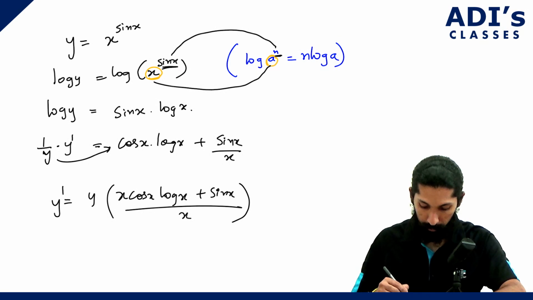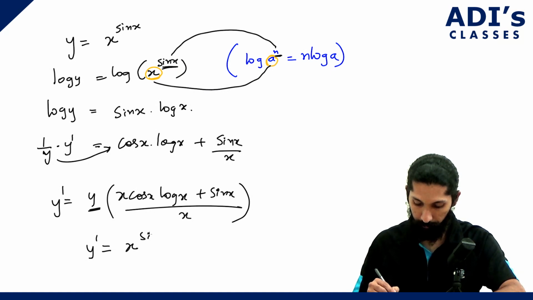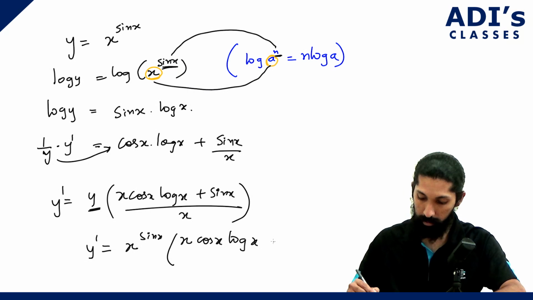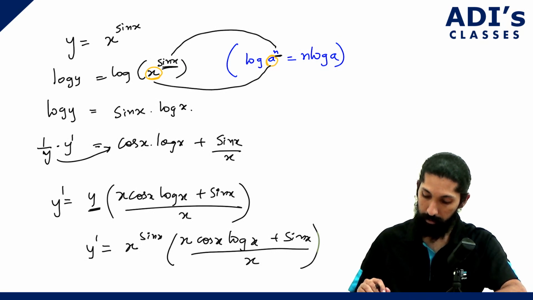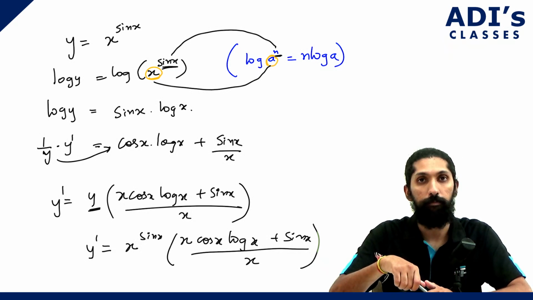If you substitute that y here, y dash becomes x to the power of sin x into x cos x into log x plus sin x divided by x. This becomes the final answer.